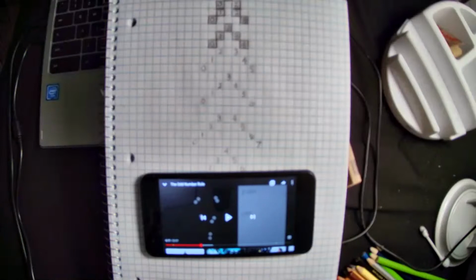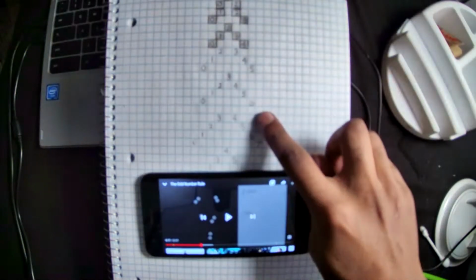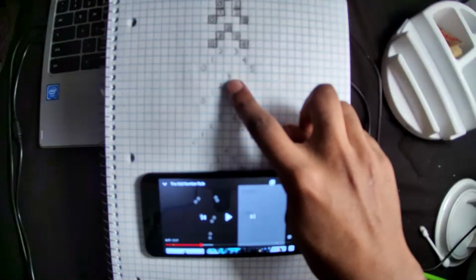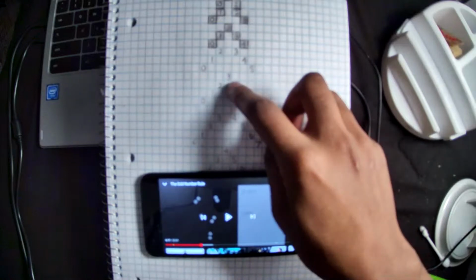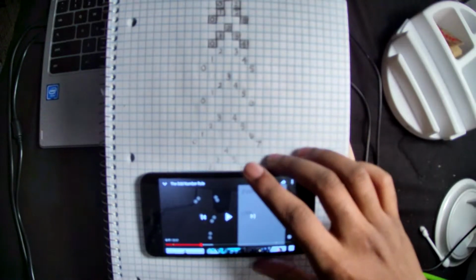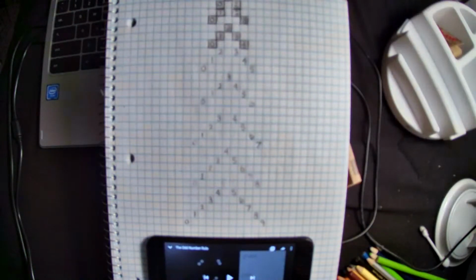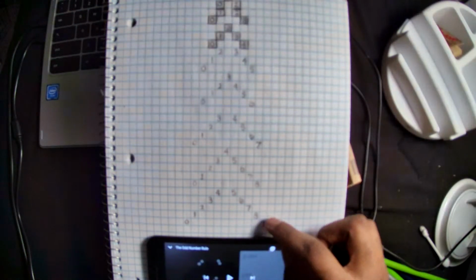But what I'm getting at is that, as you can see with these pyramids right here, with the odd number ones, you have a point, only one singular digit at the top. But for the even numbers, 0, 1, 2, 3, 4, 5, 6, 7, 8, and 9, you have a 5 and a 5 on each side.